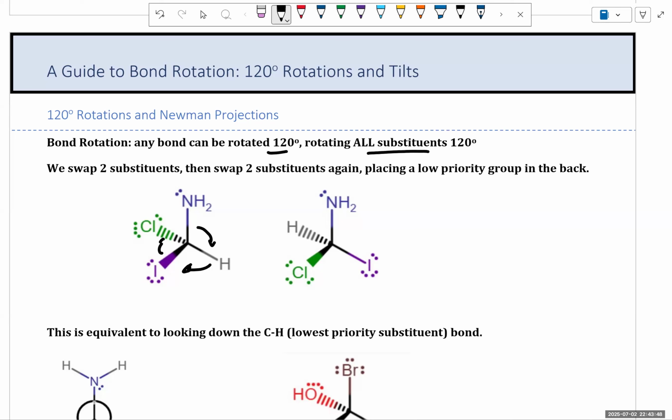We can rotate this carbon-nitrogen bond, and that rotates our bottom substituents 120 degrees. To prove this, let's use a model and demonstrate that this in fact does work as intended. So let's make a model of this initial compound, and then let's go about showcasing this bond rotation.